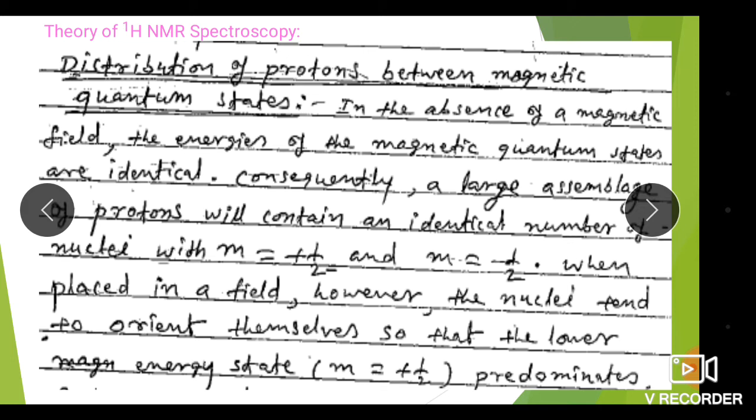Consequently, a large assemblage of protons will contain an identical number of nuclei with m equal to plus half and m equal to minus half. When placed in the field, however, the nuclei tend to orient themselves so that the lower energy state, that is, m equal to plus half, predominates, due to the applied magnetic field.